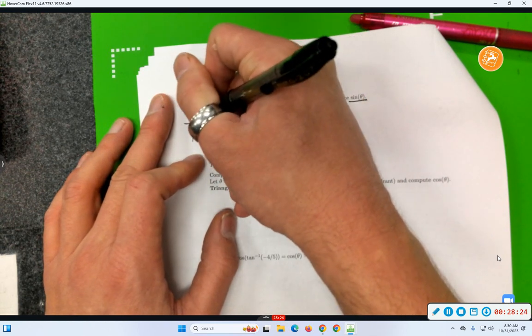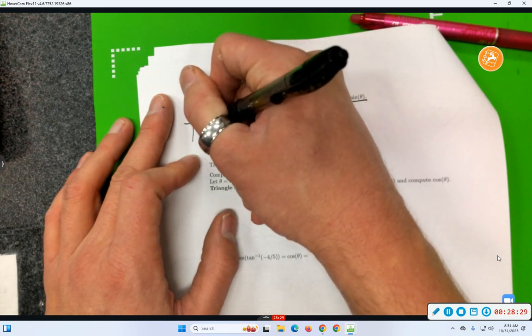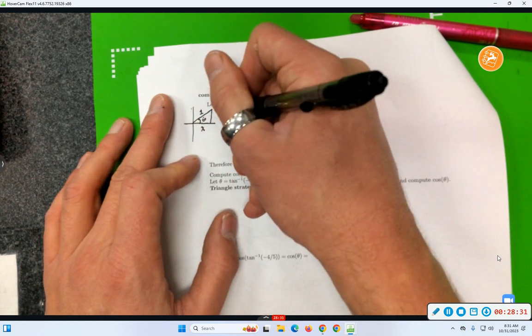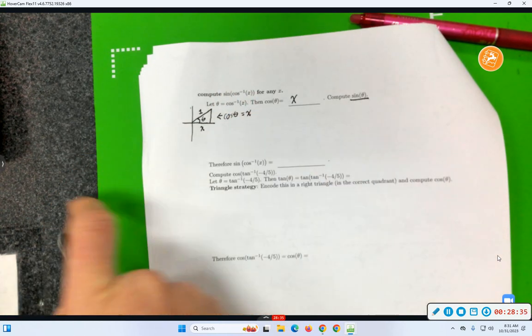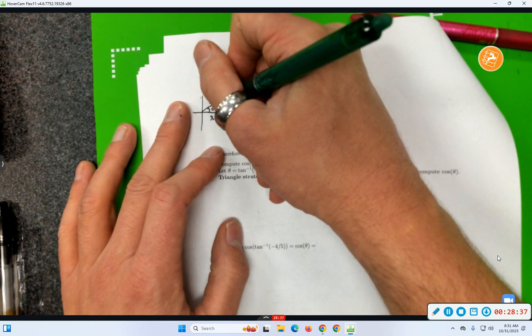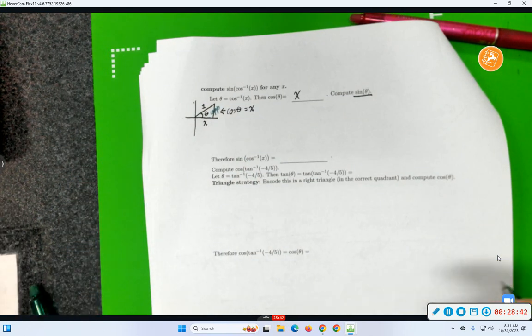I have an angle, theta, and its cosine is x. So that picture just came from cosine of theta equals x. Let's label that opposite side with something. Let's compute that opposite side length.